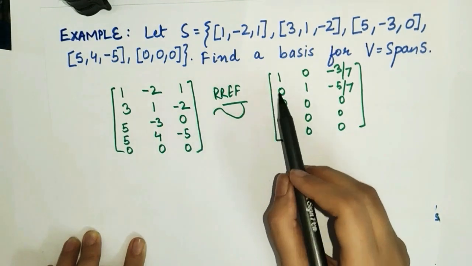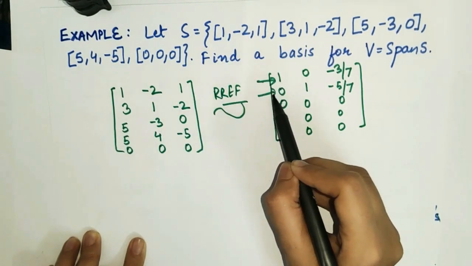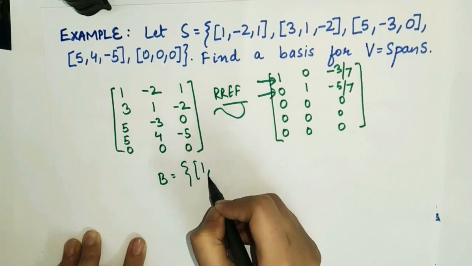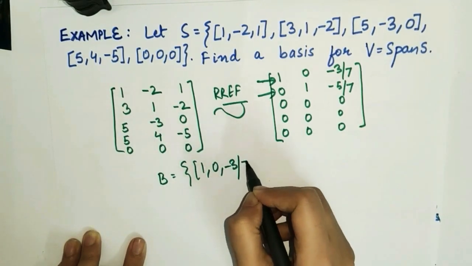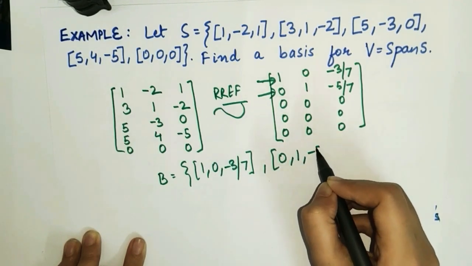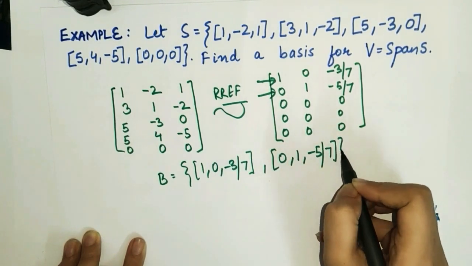So I have only two non-zero rows, which are these two. So my basis B would be (1, 0, -3/7) and (0, 1, -5/7).